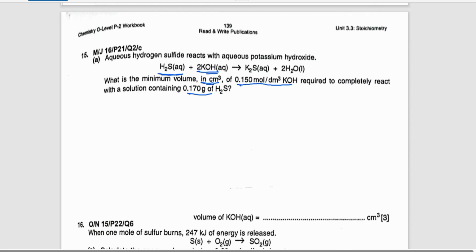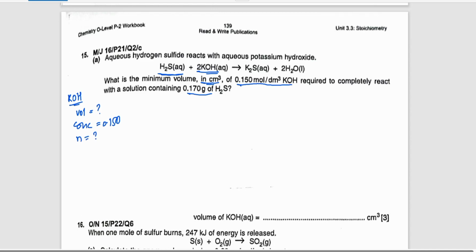To find the volume, we need to know the number of moles as well. Volume we have to calculate, the concentration is given, 0.150, and the number of moles we have to find.